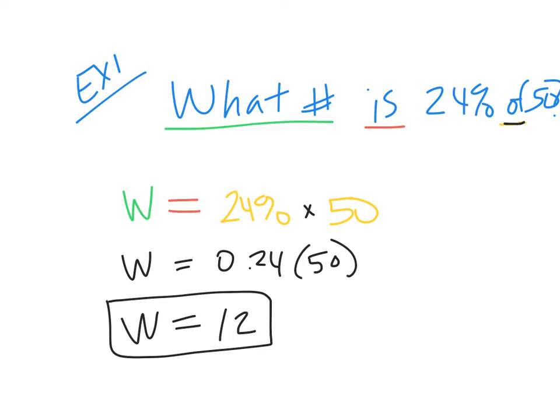So in this case, what were we actually solving for? We were solving for W, which stands for, out of our equation, the part of a whole, wasn't it? Because it wanted 24% of 50, 50 being the whole number. Good. All right.